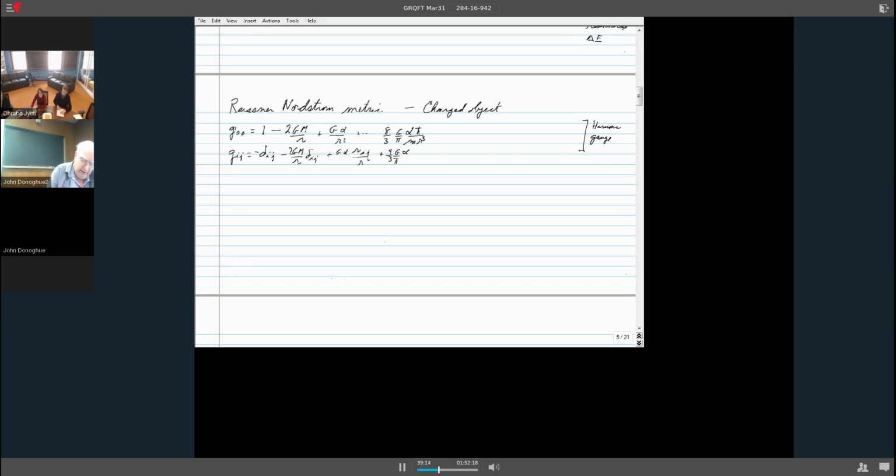It looks like 8/3 G over pi alpha h bar over m r cubed, and this guy is plus 4/3 G over pi alpha h bar over m r cubed, r_i r_j over r squared minus delta_ij. Okay, so these are the quantum pieces.